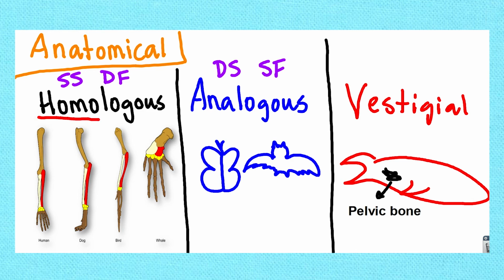Homologous, you can look at a human, dog, bird, and whale. They are all animals, but you can see similarities in their bones, like the one highlighted in red, on your forearm and then the bones down towards your hand. The bones are the same, they have just slowly changed in shape through natural selection and evolution over time.